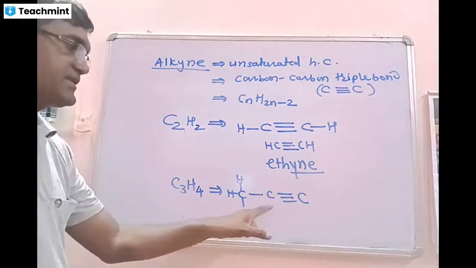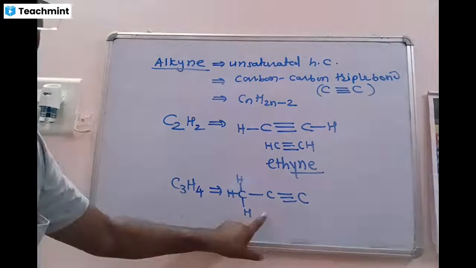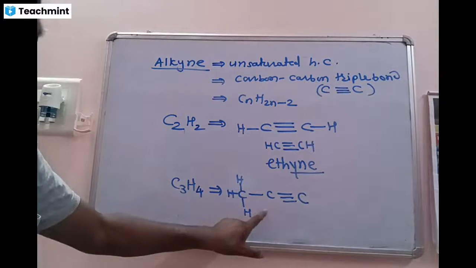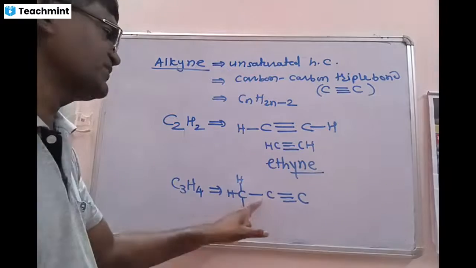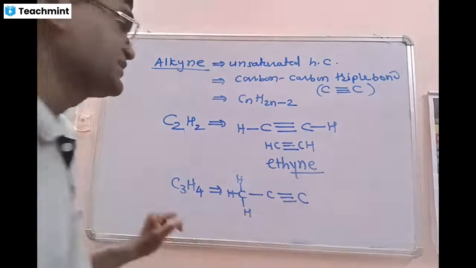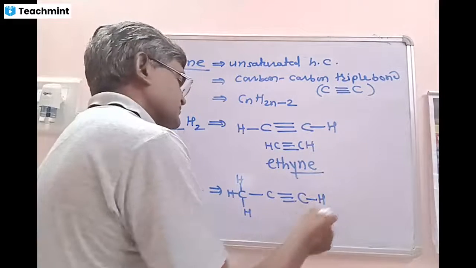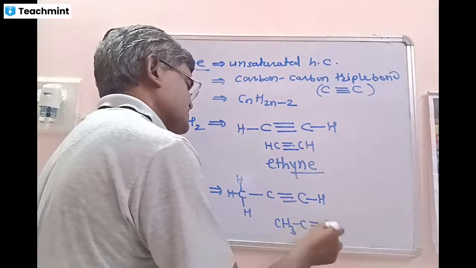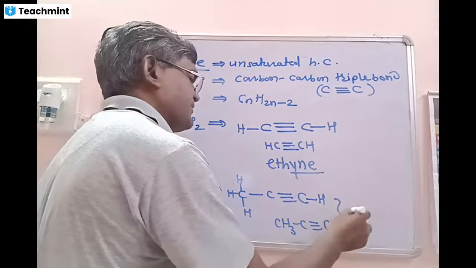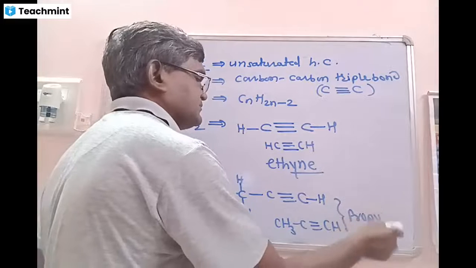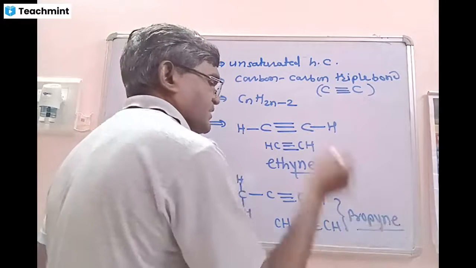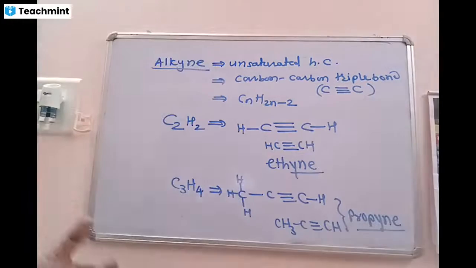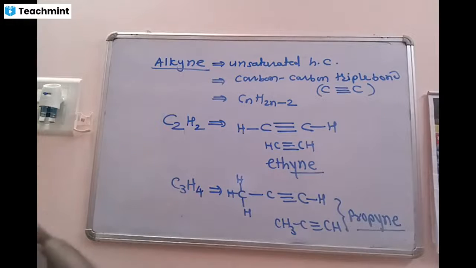Does it have any need of hydrogen? No, because 4 bonds are already there. 1 bond on this side and 3 bonds on this side. So on this side there should be a single hydrogen. So I can write it as CH3C triple bond CH. And now this compound will be named propyne. Right?